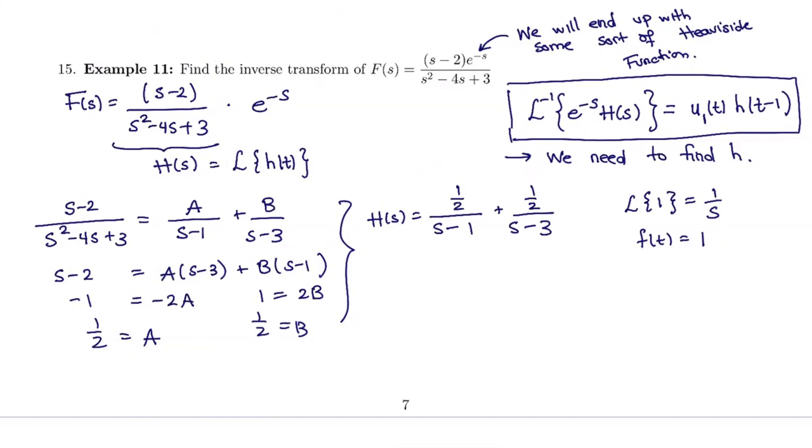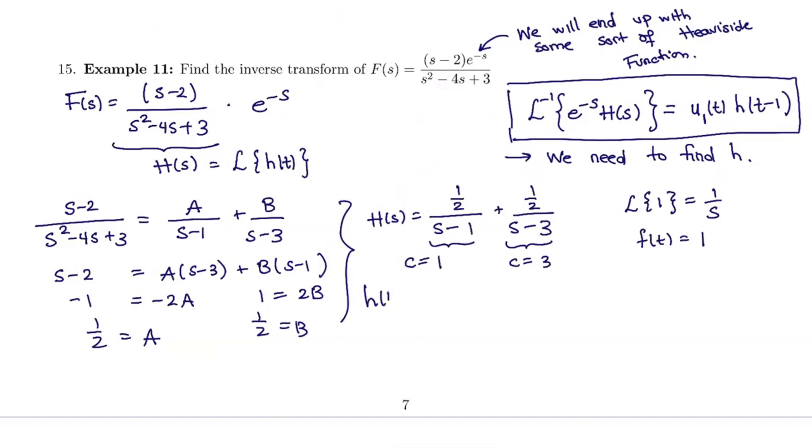However, our terms are shifted by a particular value. And so using the previous theorem, we know that we're going to end up with e to the ct times the shift, where c is the shift. So c has to be the shift. In this case, the shift is 1, and in this case, the shift is 3.